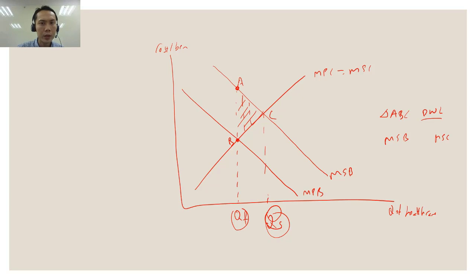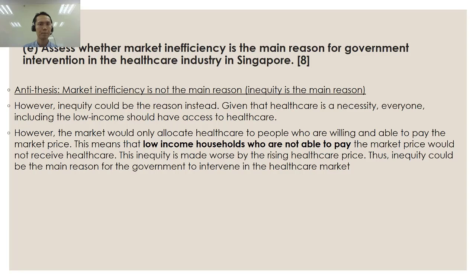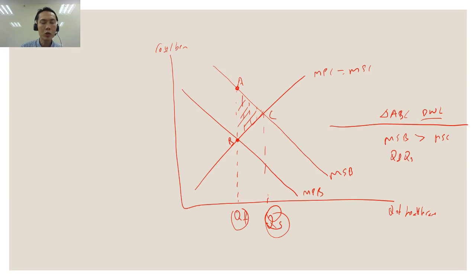Therefore, this resulted in a deadweight loss triangle because of underconsumption. In summary, because MSB is more than MSC at QF/QS, there is a deadweight loss. Got it already? If not, please listen to the explanation again. Alright. You can also be looking at imperfect information leading to market failure as your thesis statement.